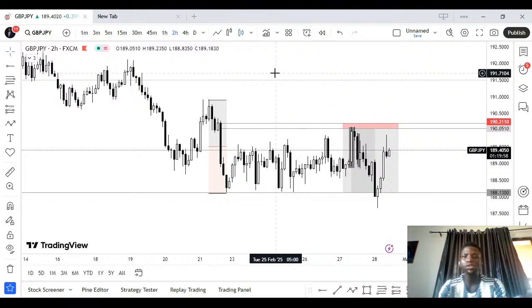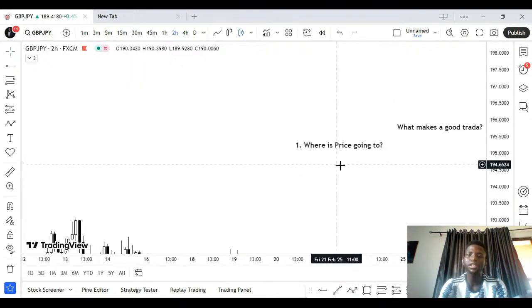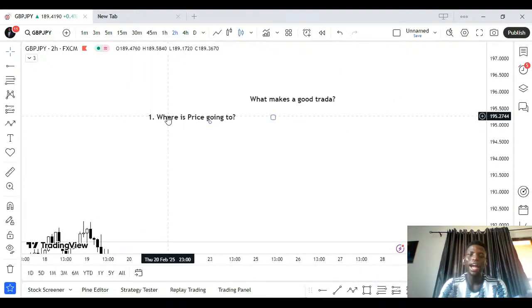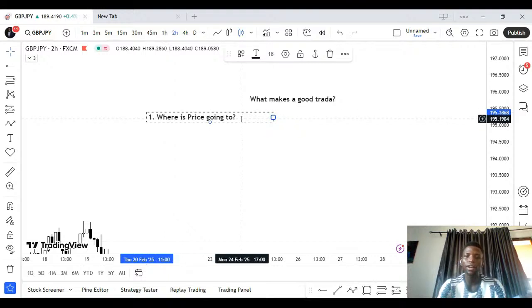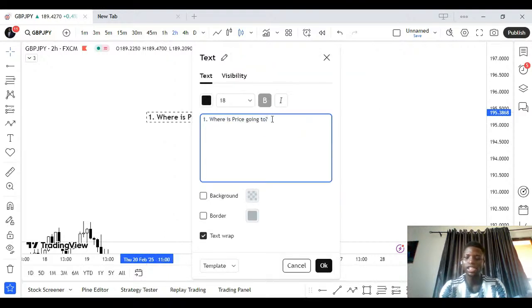So the moment you answer the question of where is price going to, another thing that you must see in a setup before you consider it solid enough is what I call incentive. I call it incentive, and there are two incentives we are going to be looking at.